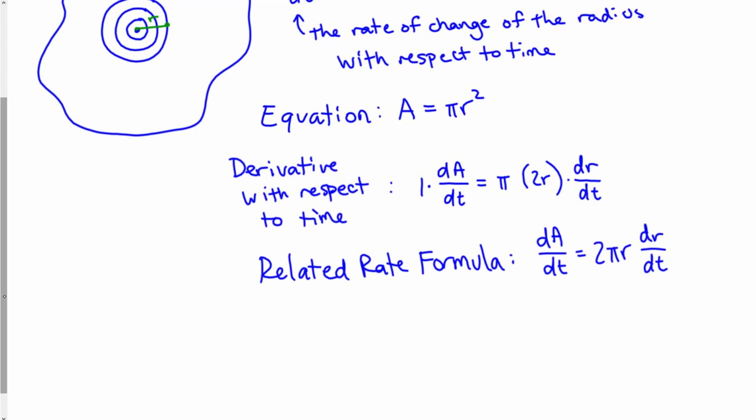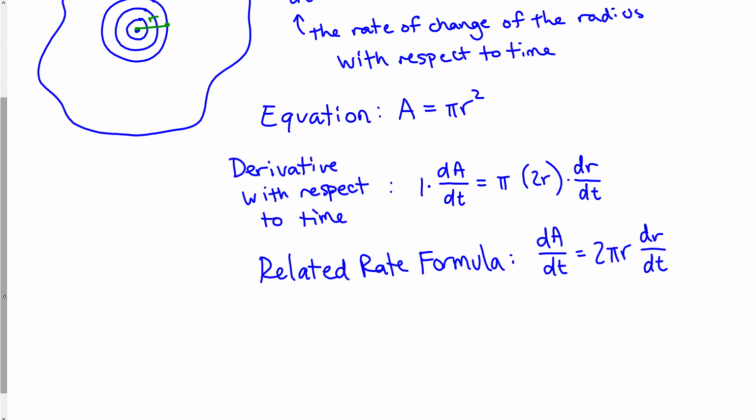It's very easy to say the derivative of that equation is 2 pi r, because you differentiate with respect to the radius. But that's not telling you how the rates of change compare over time. You have to have two separate derivatives at least to have a related rates formula.